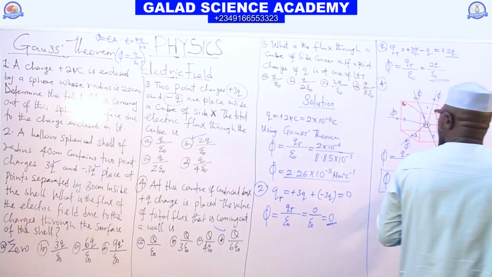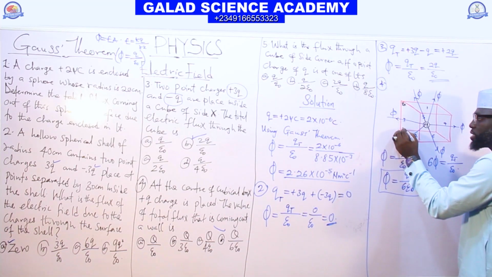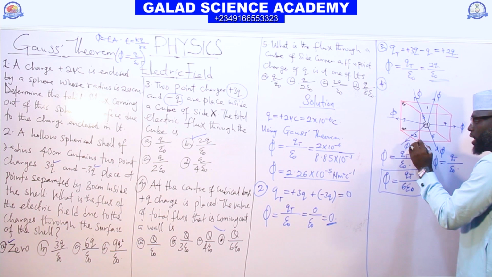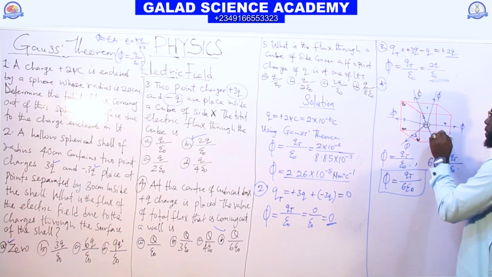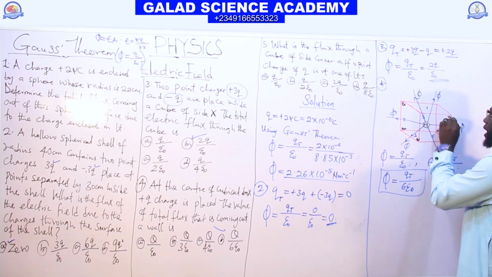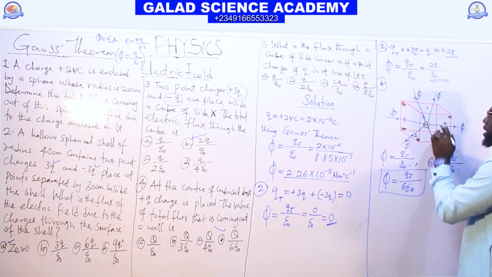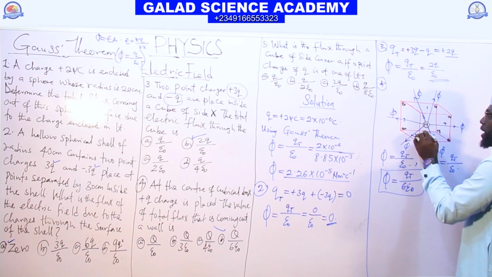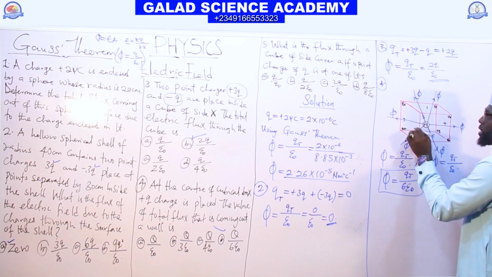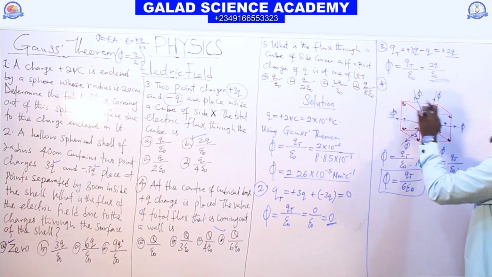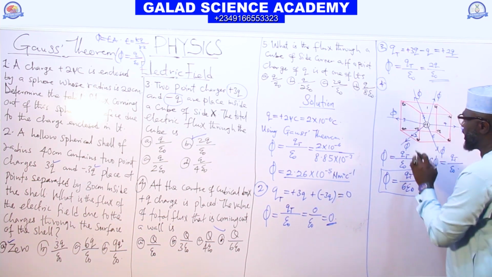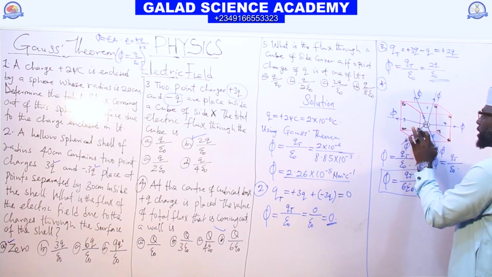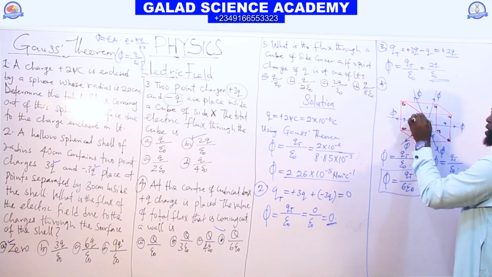This is a corner, this is another corner, this is another corner, making 4. Another corner, another corner, another corner, and another corner.